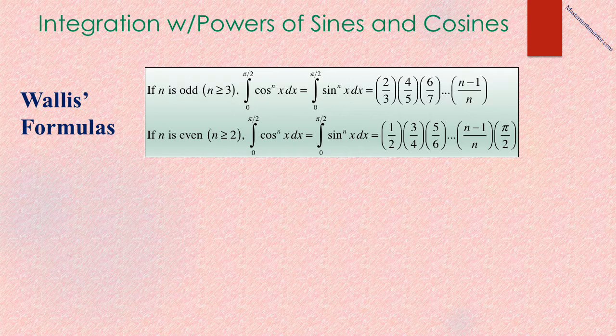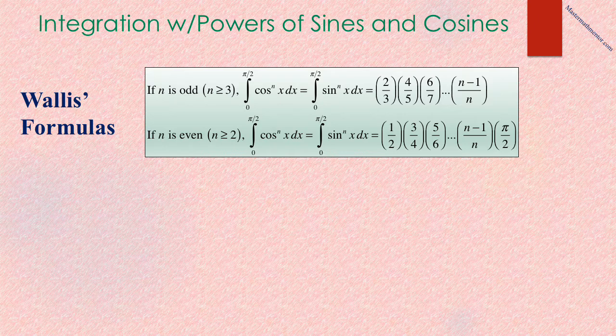If n is odd and greater than or equal to 3, then the integral from 0 to pi over 2 of cosine to the n of x dx is the same as the integral from 0 to pi over 2 of sine to the n of x dx, which is equal to 2/3 times 4/5 times 6/7 times ... times n minus 1 over n.